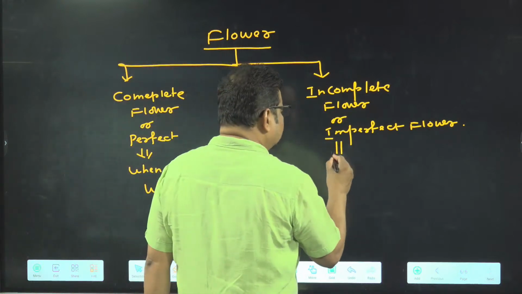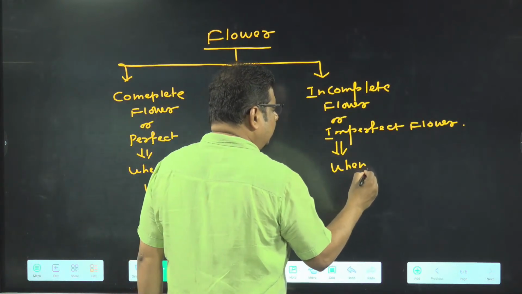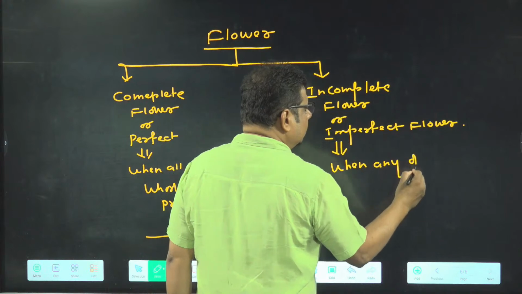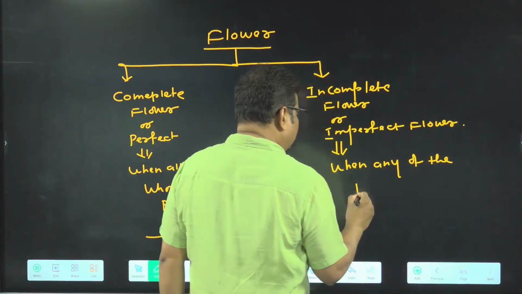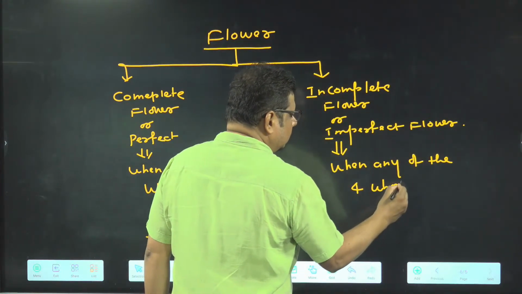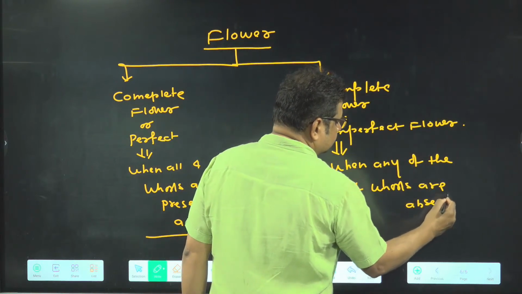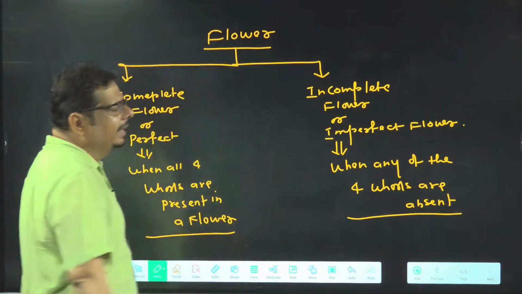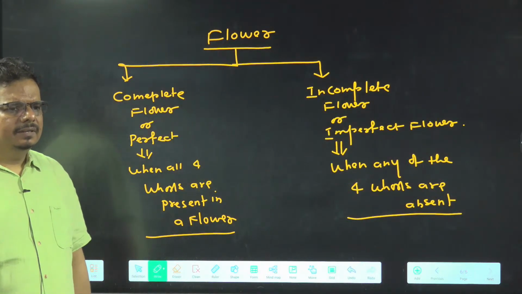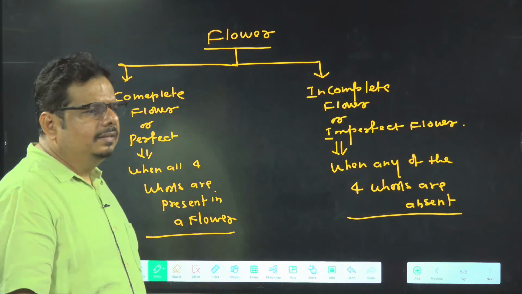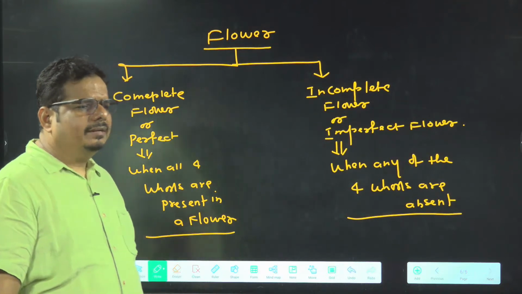Incomplete flower, when any of the four whorls are absent, it is called an incomplete flower. Getting the things or not? Okay, it's all right.